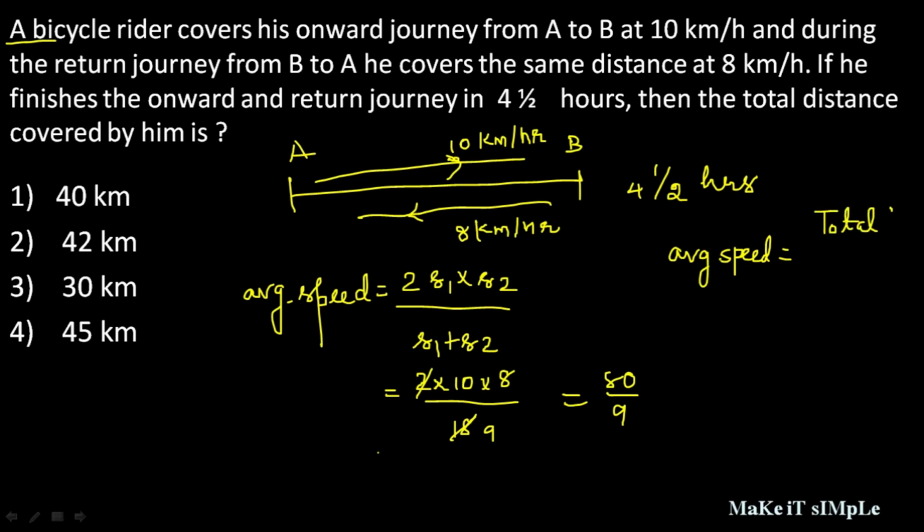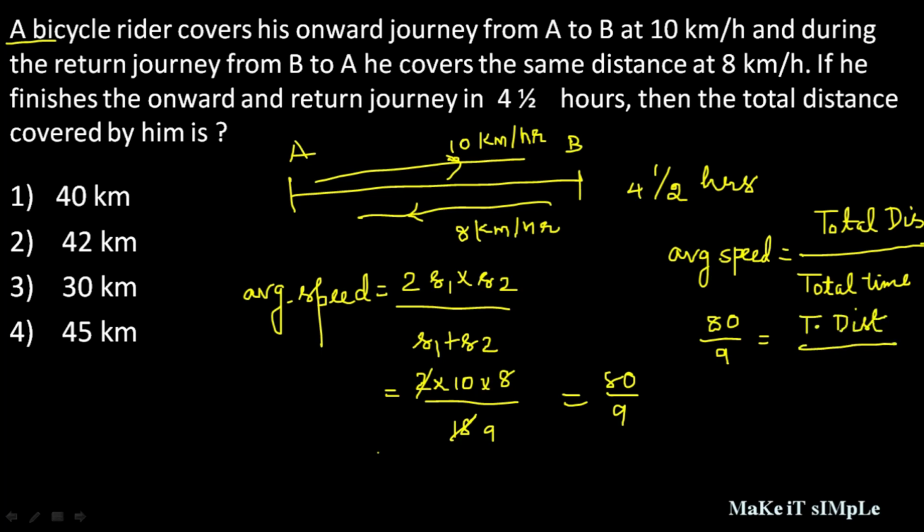Okay, as already we have seen, the average speed is nothing but total distance by total time. Now we got the average speed. Average speed is nothing but 80 by 9. Okay, then we don't know this total distance. Time is nothing but 4.5 hours. So 4.5 hours, how we can convert?